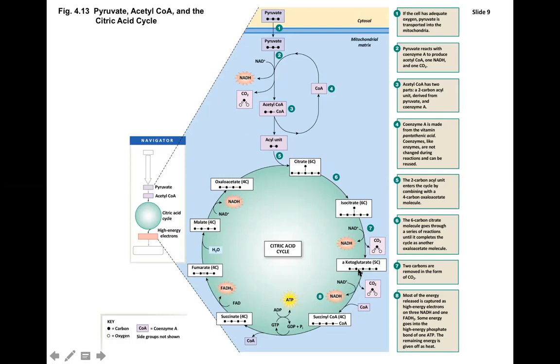So alpha-ketoglutarate goes to a molecule called succinyl-CoA, and succinyl-CoA gets converted to a molecule called succinate, and in the process of getting converted to succinate, it produces 1 ATP molecule.